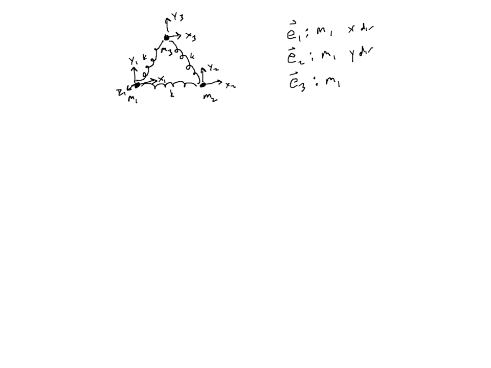E3 is going to be mass 1 moving in the z direction. E4 is going to be mass 2 moving in the x direction. And I don't think I have to spell it out any further, right? So the idea then is that we've created this simple coordinate system.